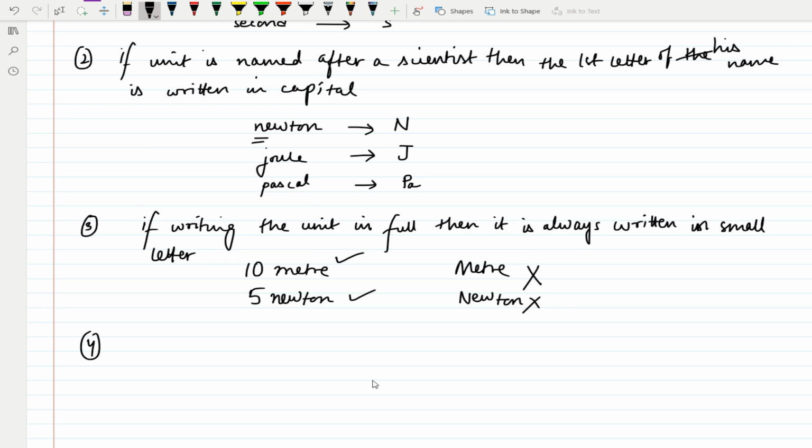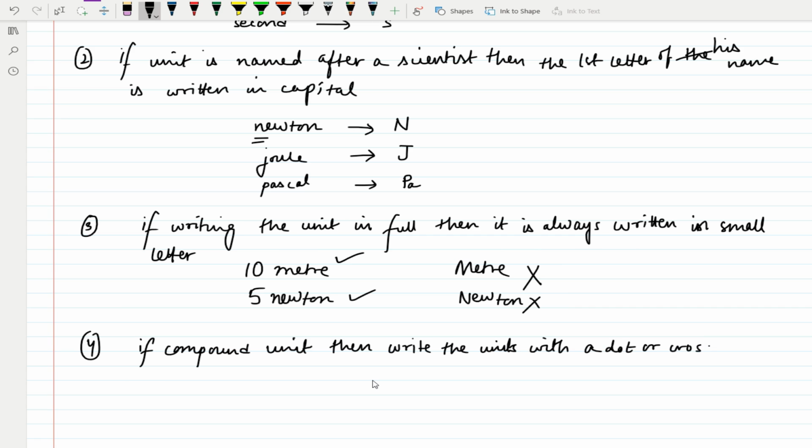The fourth guideline says if a unit is made up of multiple units, like a compound unit, meaning made up of more than one unit, then write the units with a dot or cross or space in between.